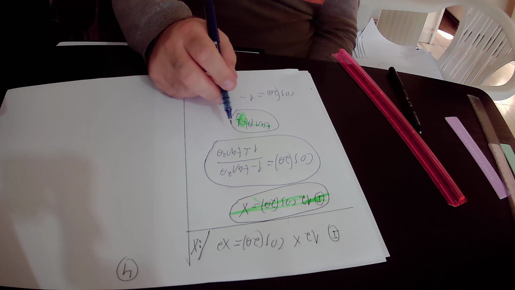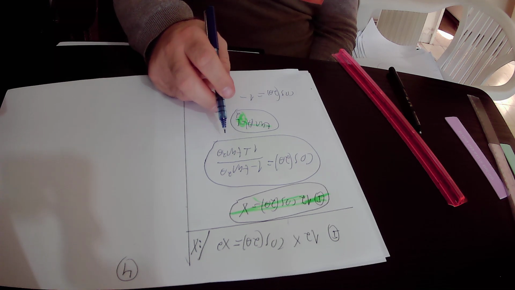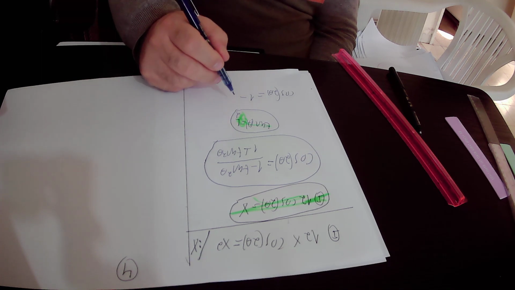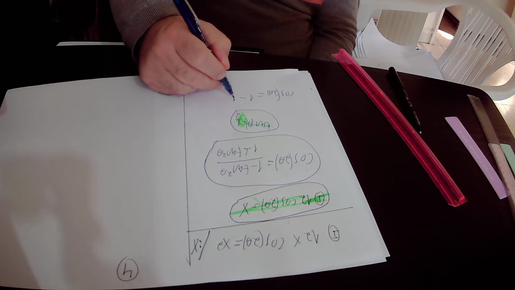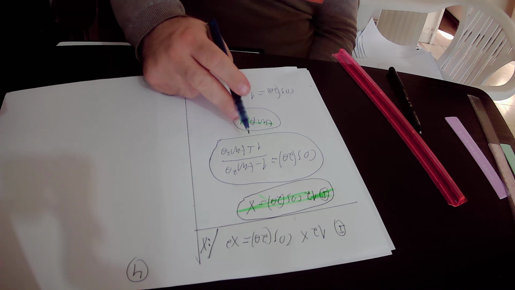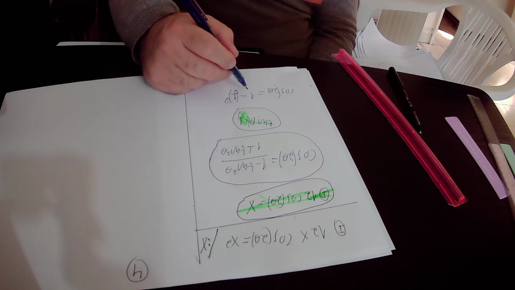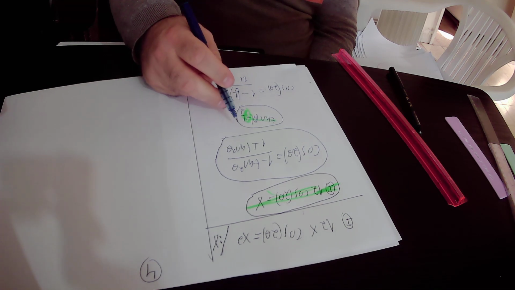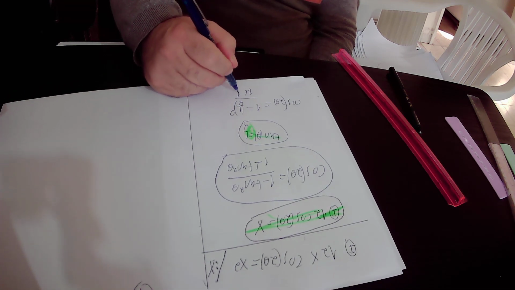If tangent theta equals 1 half, it means that tangent square theta will be equal to 1 half squared. So in the numerator we have 1 minus 1 half squared over 1 plus tangent square theta, which is 1 half squared.